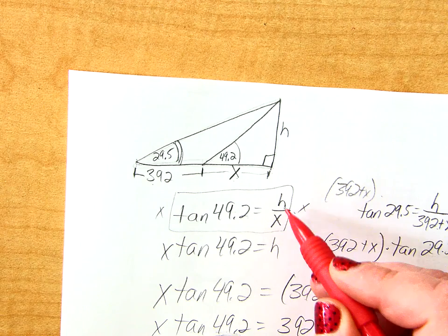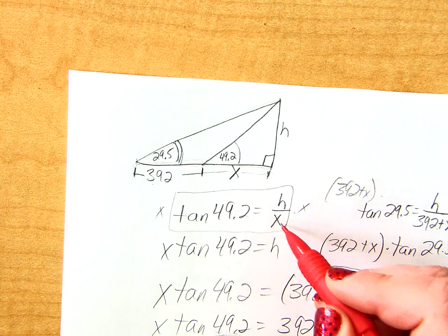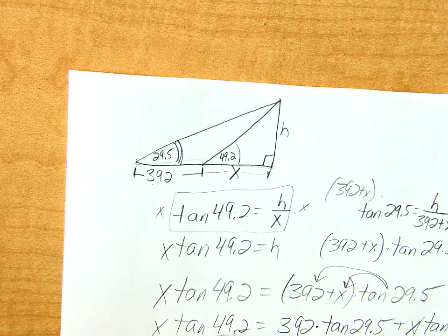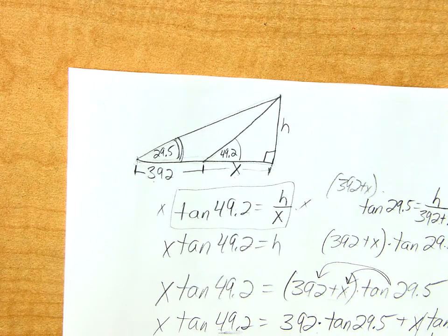You know what x is now, you need to solve for h. So that's why we times it by tangent of 49.2. And then you got it. Whew. Okay, guys. So let me stop this here.